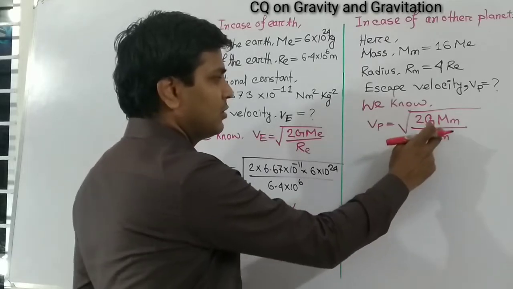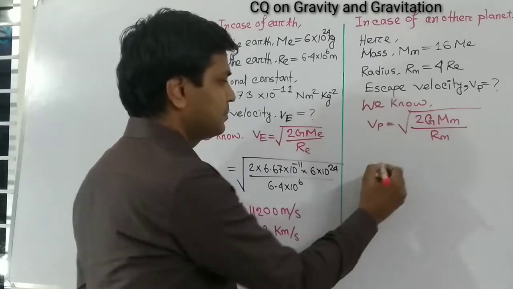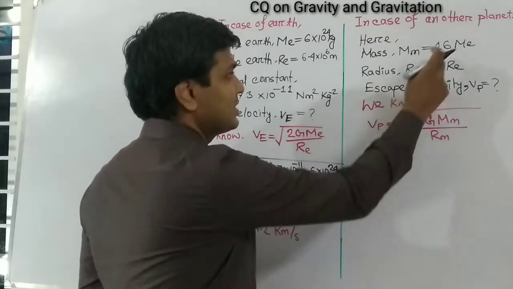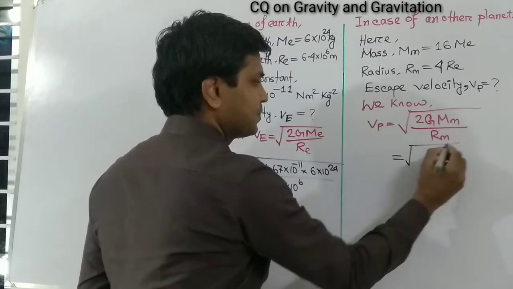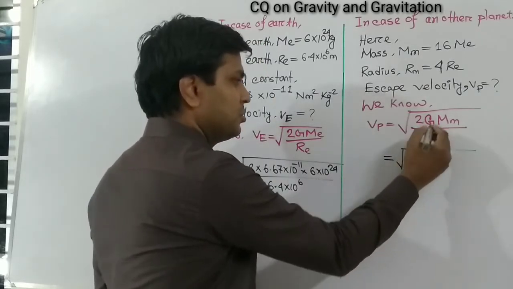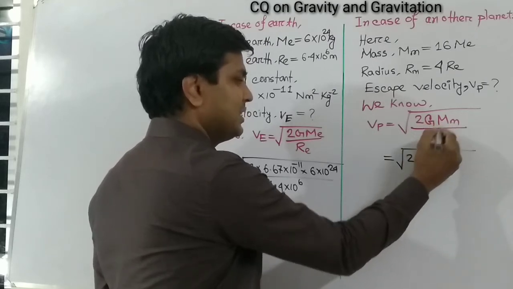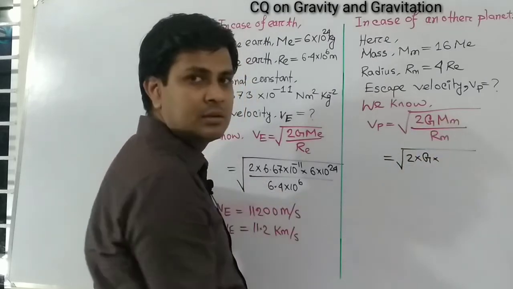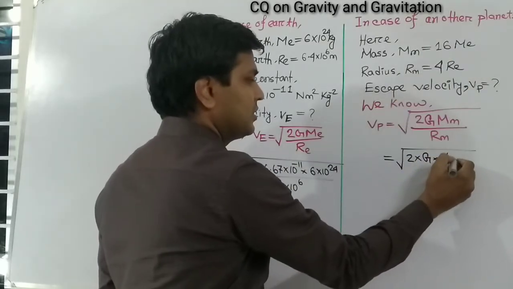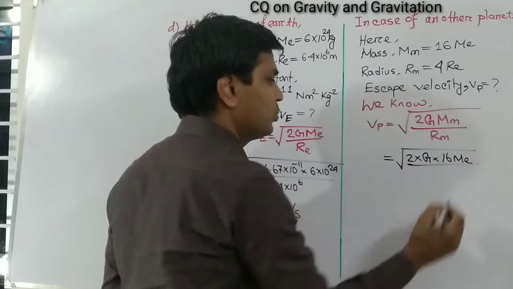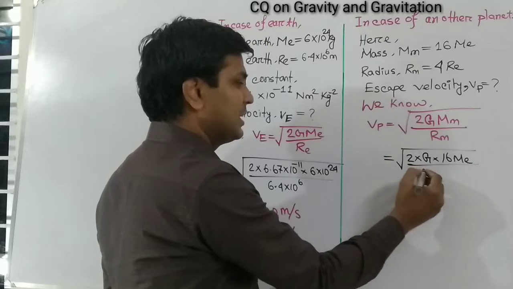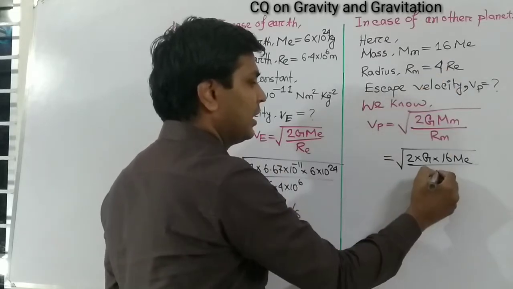and if you put the value of Rm, into capital G, replace of mm, we can write here 16 me. This is the condition which has given in our stem, and replace of rm we can write here 4 re.